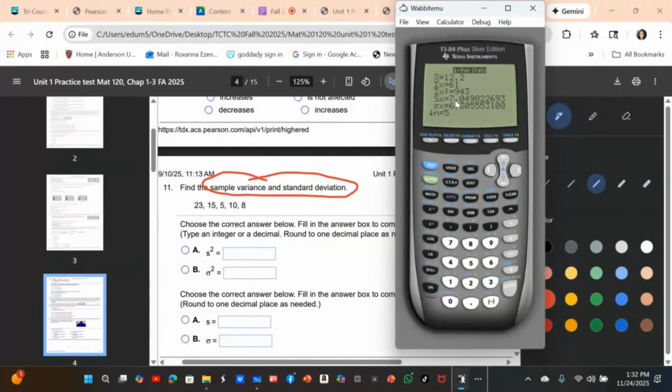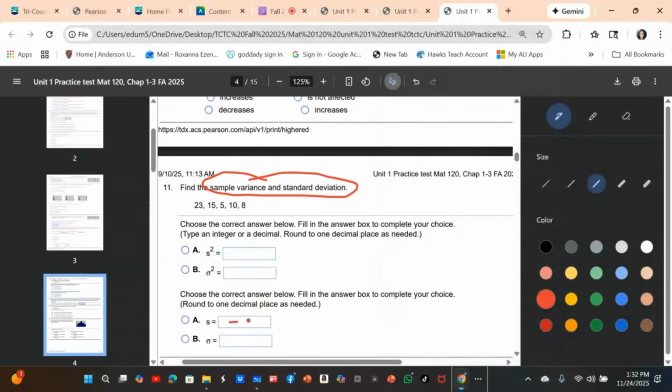The sample standard deviation to 3 decimal places is approximately 7.05. So we come over here and put in 7.05. Remember, I'm talking about sample standard deviation.